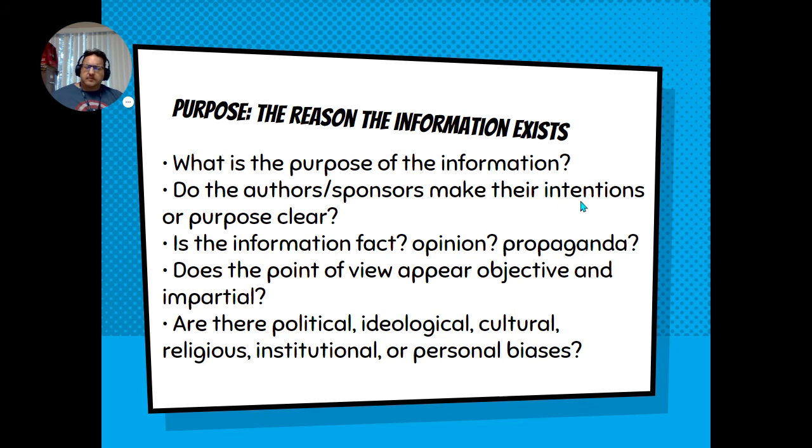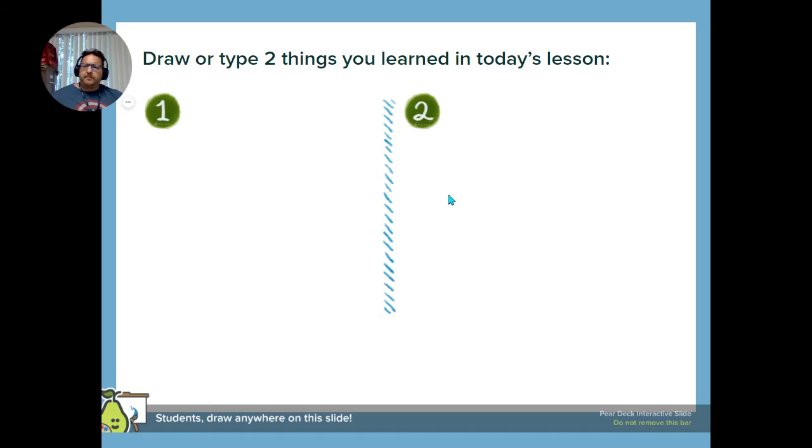Are there biases, which probably everything has to some degree, but are there serious biases in terms of politics, ideology, culture, religion, institution, or just somebody's personal agenda? Any one of those things disqualifies a source as being reliable.